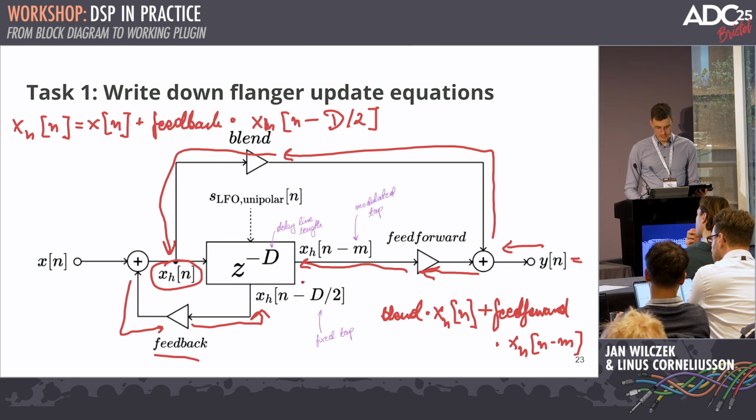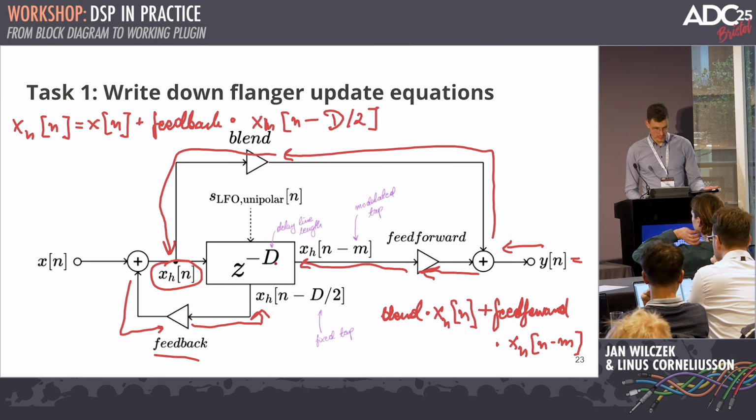So the question is, why do we have this feedback here with a static delay? Something that's not changing while the effect is running. Yeah, this is created to change the timbre of the delay input even more. So if, I'm not sure if I can depict this.